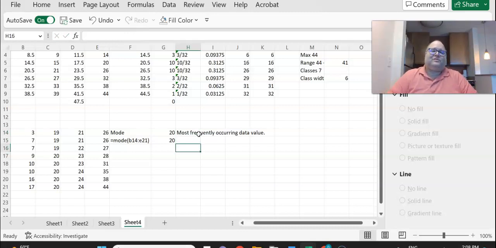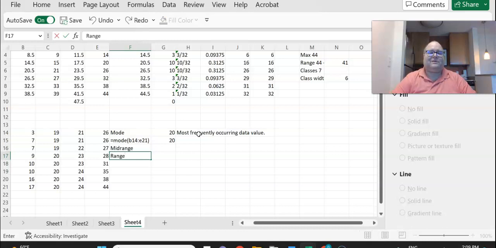Another fairly straightforward way to describe our data is our mid-range, which is associated also with the range of our value. The range is simply the distance between our maximum and minimum value.